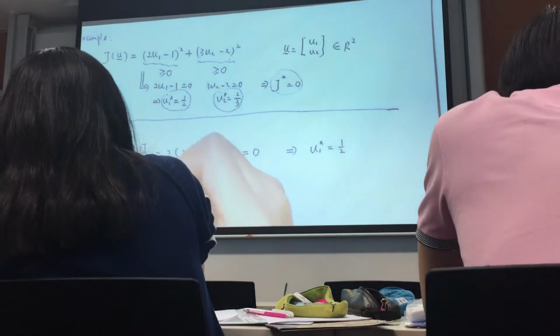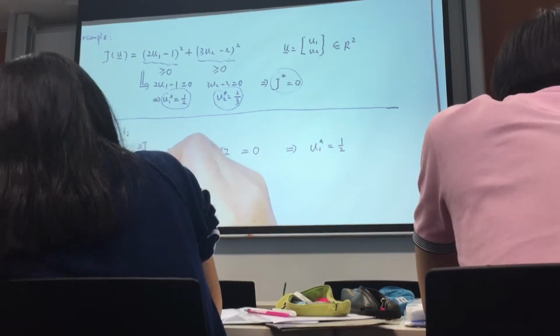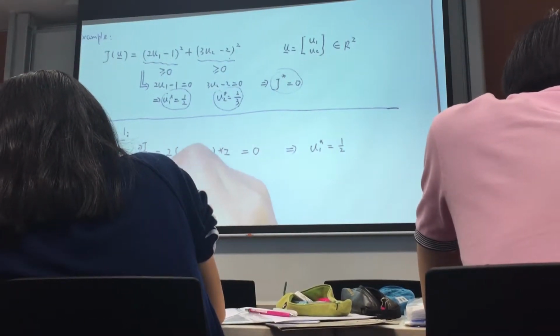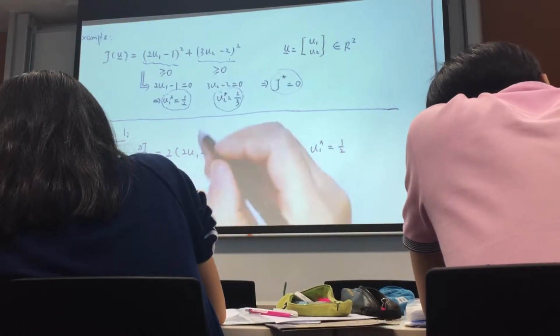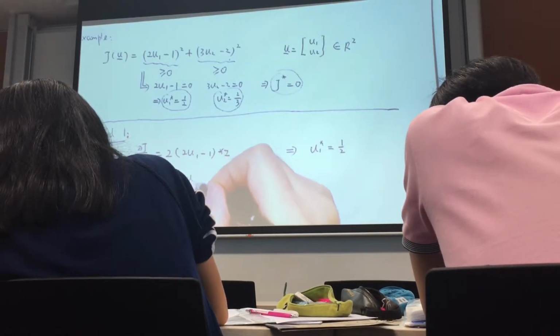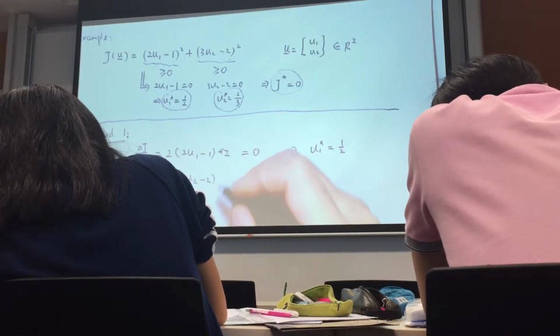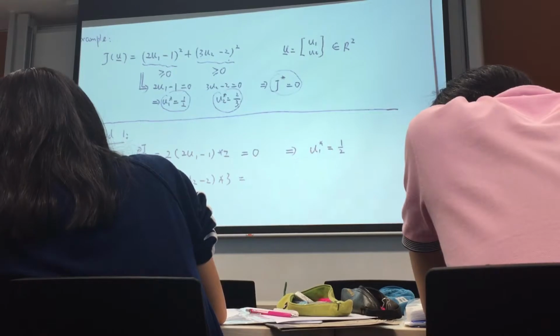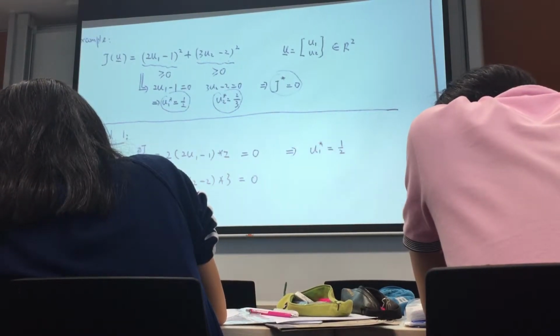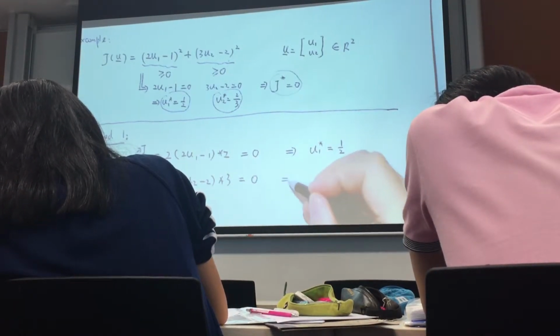This is the first equation. The second equation is dJ/du2, which is equal to (3u2 minus 2) multiplied by 3, and this equals 0.